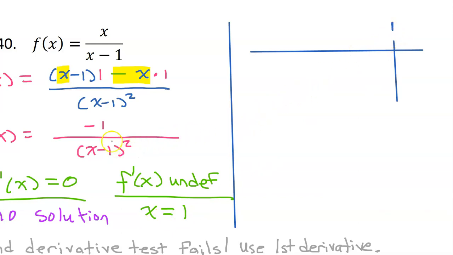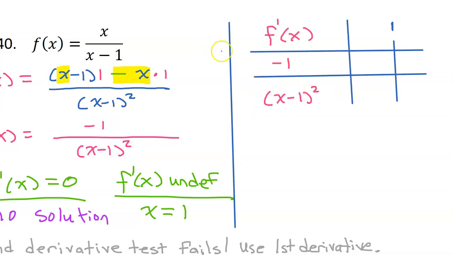We will need 2 rows. I'm going to treat negative 1 as a factor, and I will treat the x minus 1 squared as a factor. So 2 rows. Be sure to label your sign chart as f prime. Now let's check each of these factors and decide if they are positive or negative in each interval.